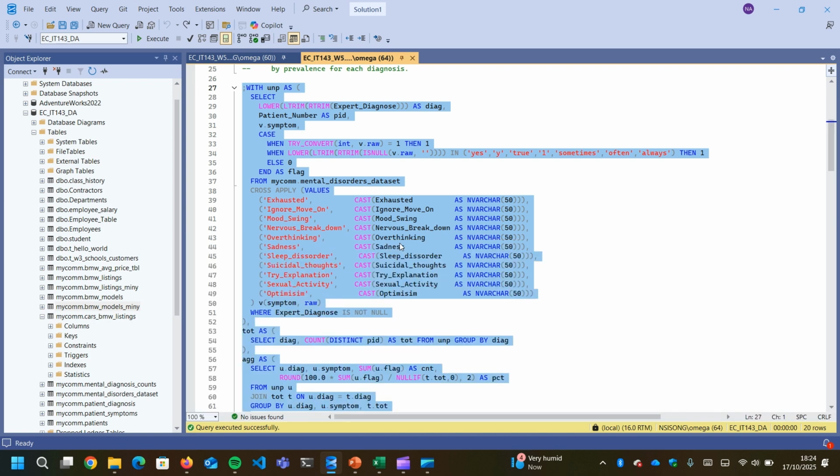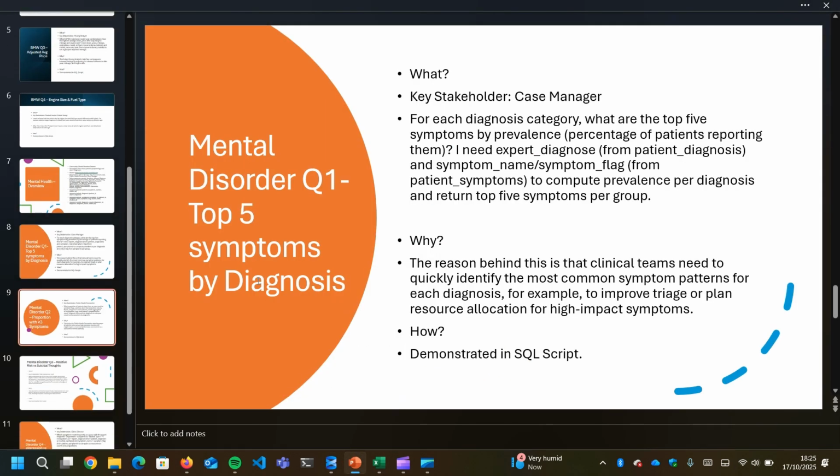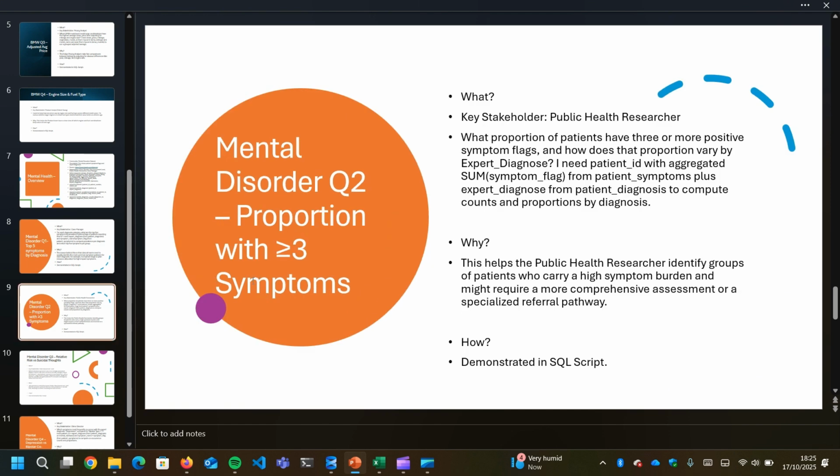So the next question, question two, the key stakeholder is a public health researcher. The question goes: what proportion of patients have three or more positive symptoms flagged, and how does the proportion vary by expert diagnosis?